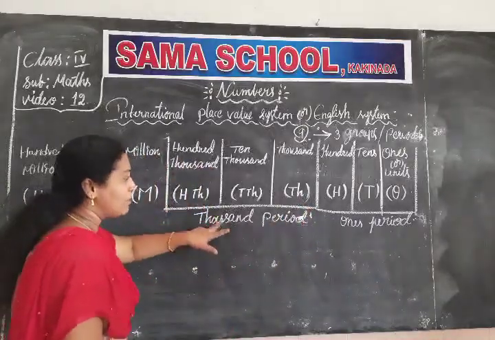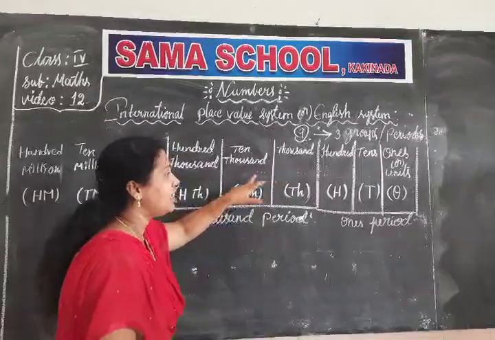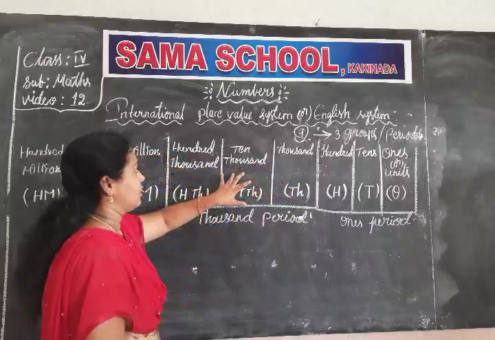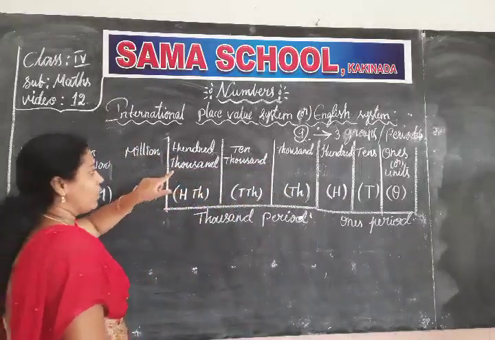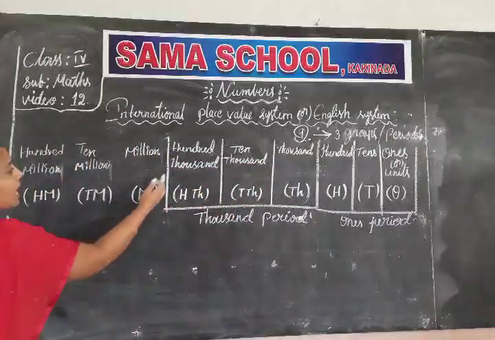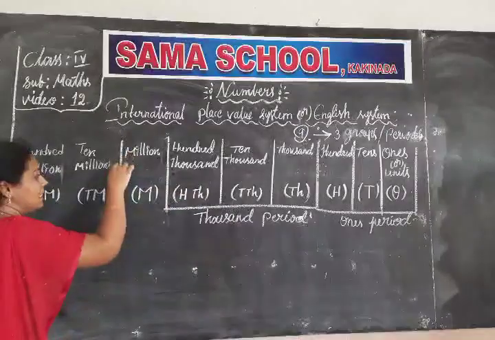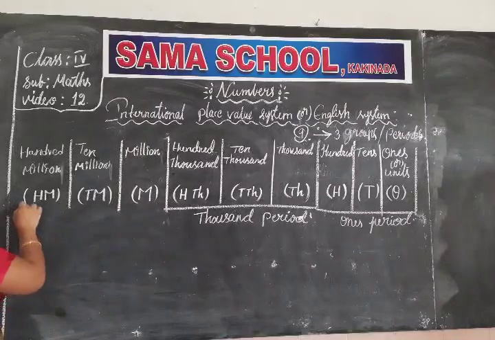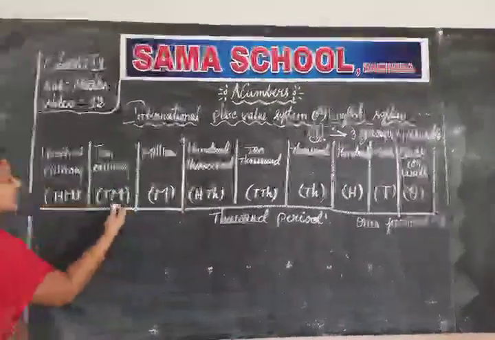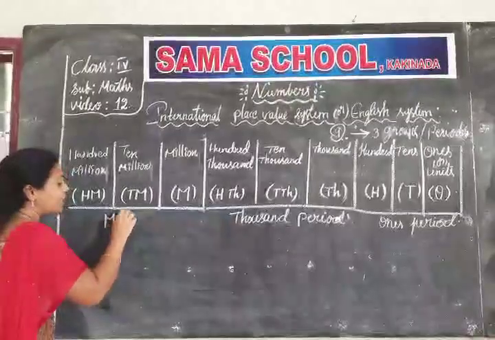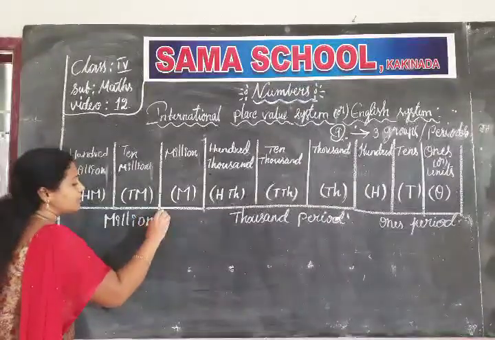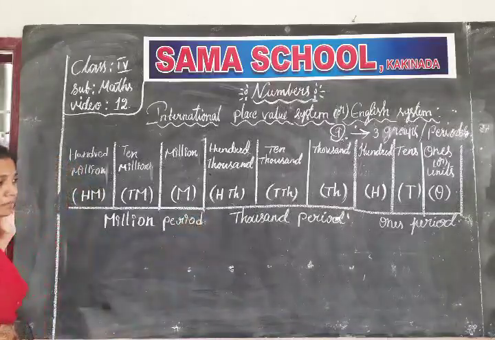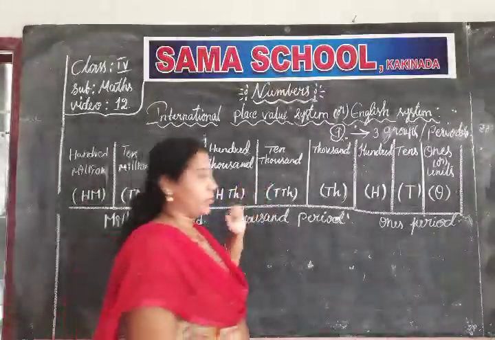So the thousand period has 3 places: 1,000, 10,000, 100,000. Next, after 100,000, millions, 10 million and 100 millions. These 3 places come under which period? Yes, million period.